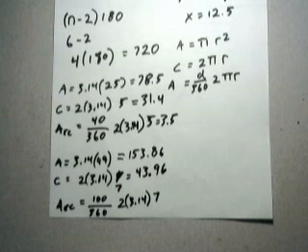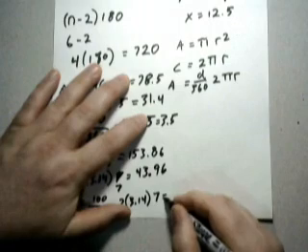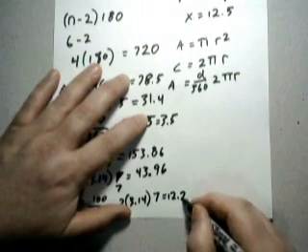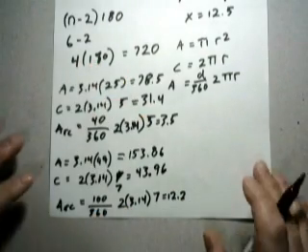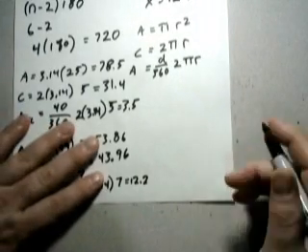I just need the fraction part first. 100 over 360 times 43.96. That gives me 12.2. So the arc length on that one is 12.2. So now we go to C.